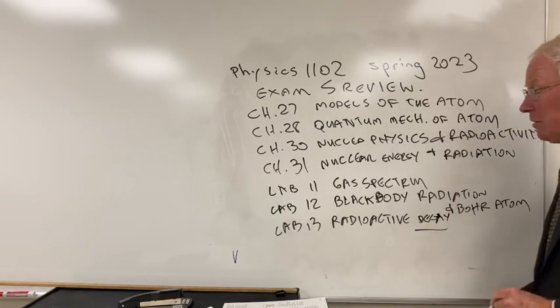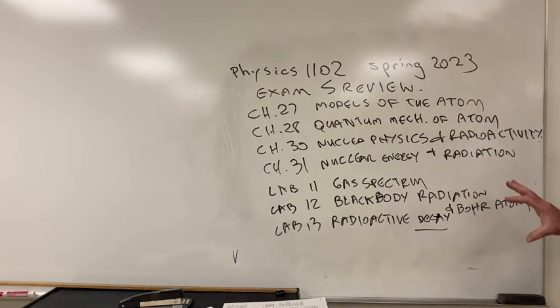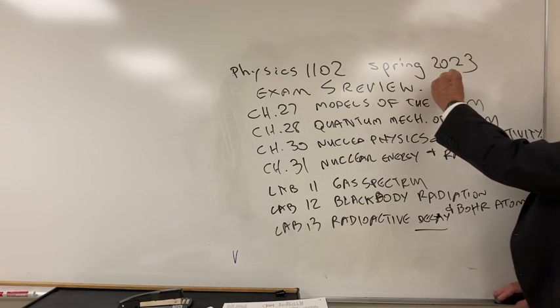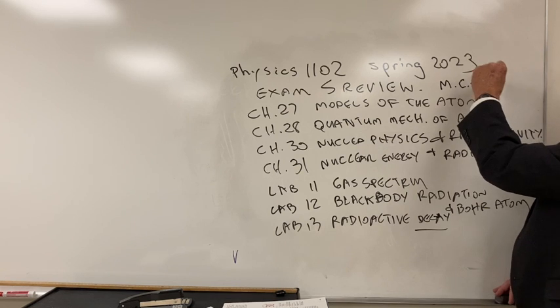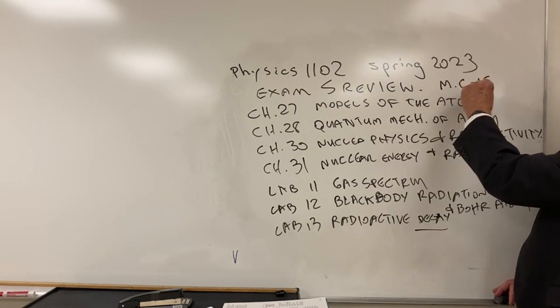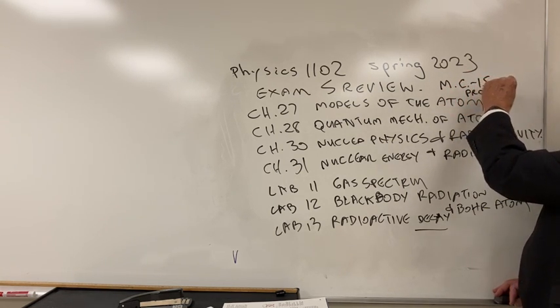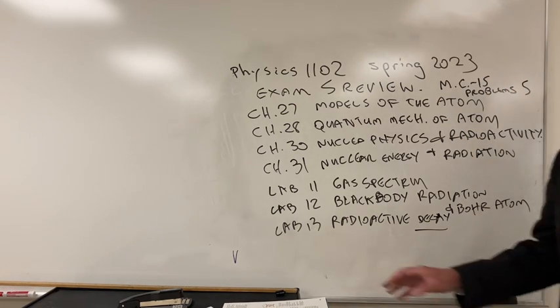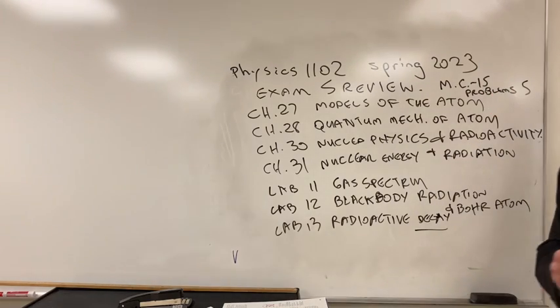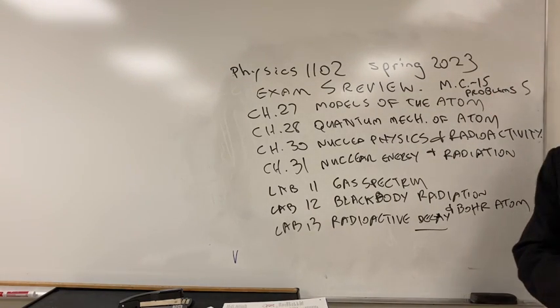All right, so that's what the chapter exam is on. Again, it'll be about 15, 16 problems, and then problems about 5 to 6. So this will be the final exam for the year.